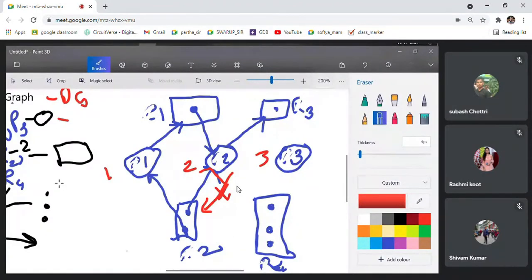So they may ask you how many processes are there. Circle means process, counted. Resource means, if you are asked how many types of resources are there, how many rectangles are there? 4. So the answer is 4.